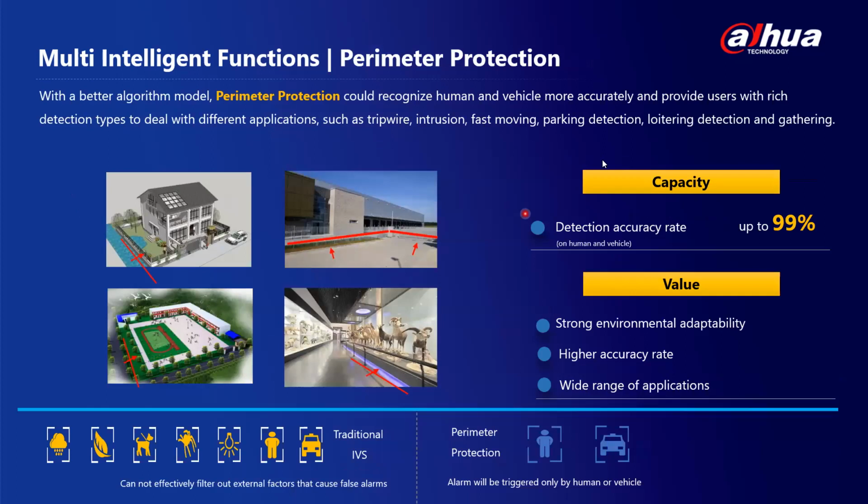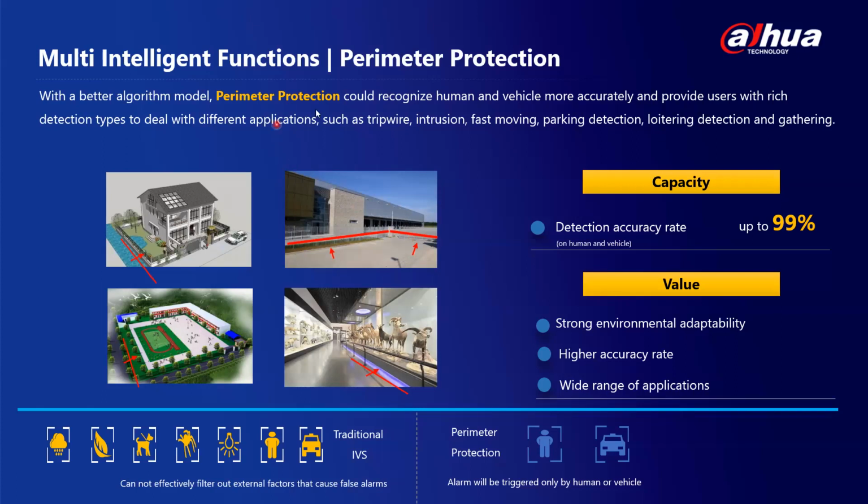Here we have some IVS functions for perimeter protection. These are the normal rules that you set using the IVS, but in this case, they have different levels of accuracy when it comes to the WizMind S series.